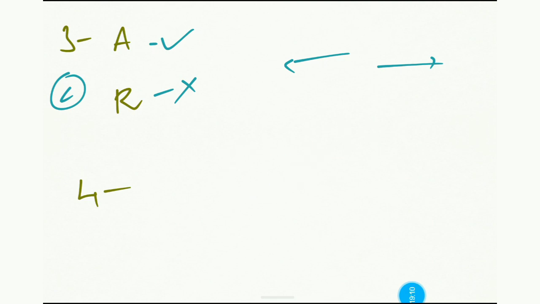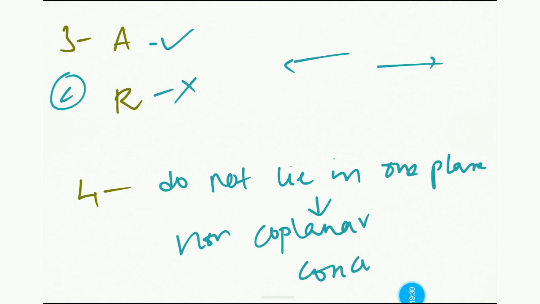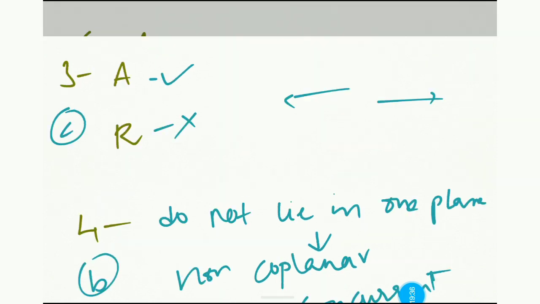First main thing, read this part: they do not lie in one plane. That implies that they are non-coplanar. And they meet at one point. So they are concurrent forces. Concurrent forces. Simple, right? So option is B.